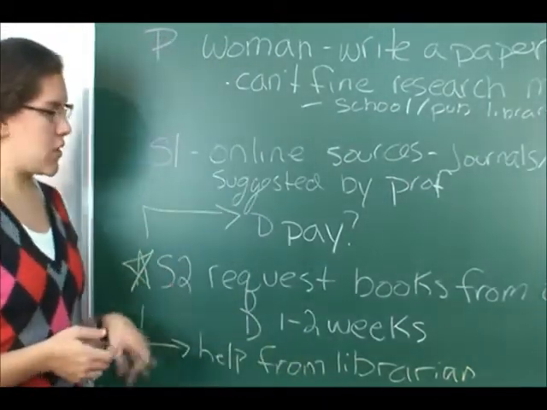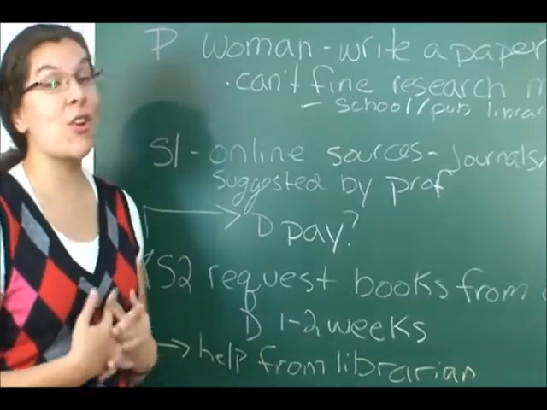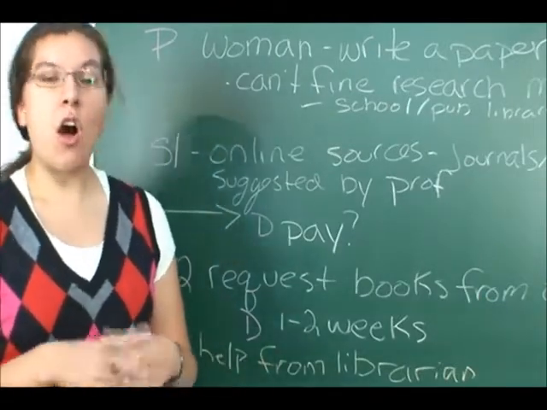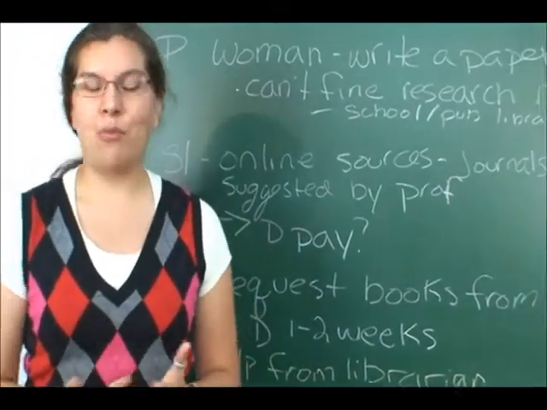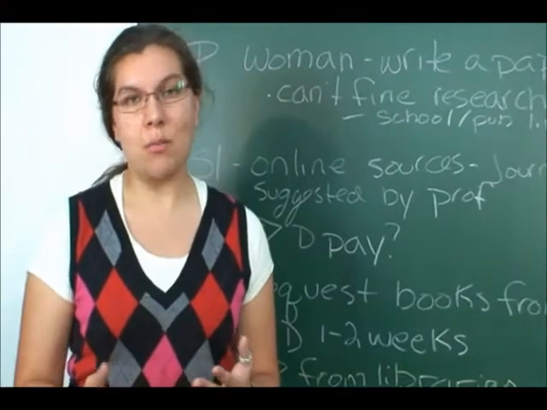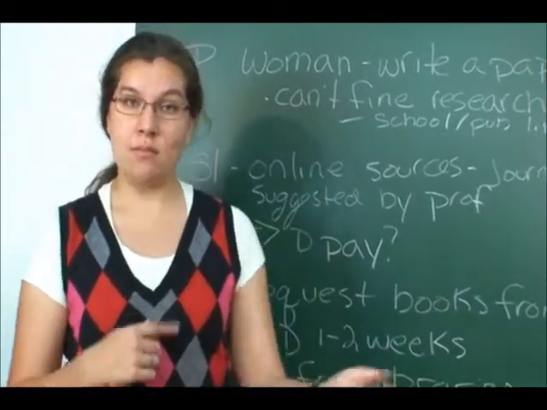The second solution is to request or ask for books from another library. Now, this happens all the time in college. One library can't keep every book ever printed about a certain subject. And libraries will trade books often.